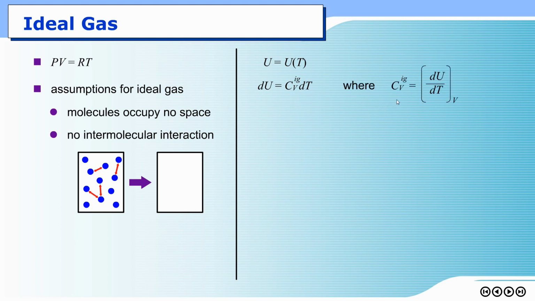By definition, heat capacity is still differentiation of internal energy with respect to temperature at constant volume. But in this case, since internal energy is a function of temperature only, the right-hand side of this equation would be a function of temperature only. So therefore, heat capacity of ideal gas would be a function of temperature only.